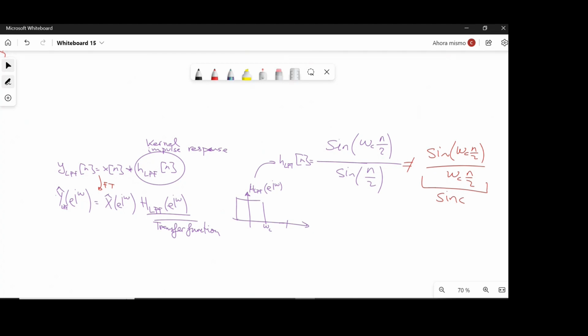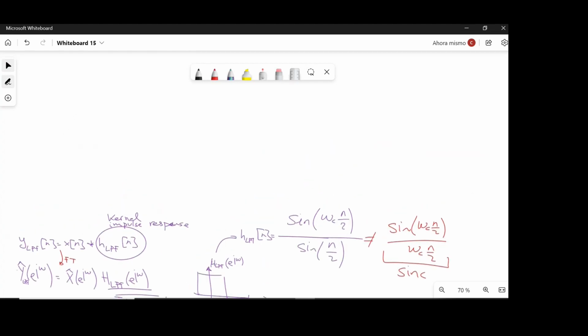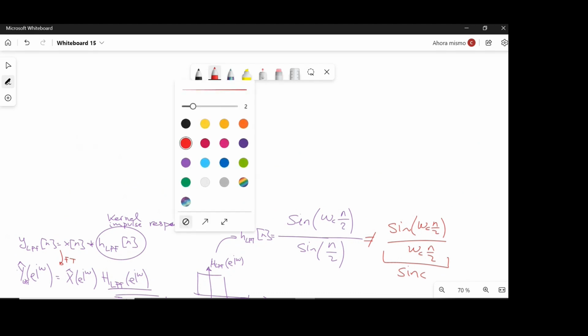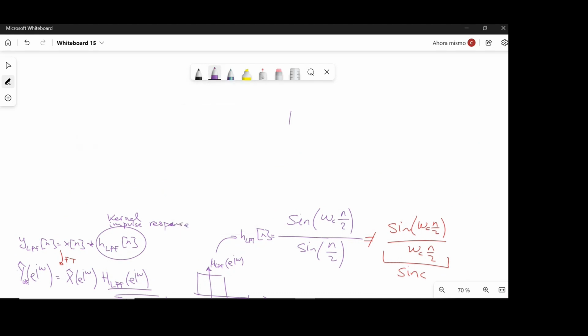In any case, this one looks like a time shift. So it is a response that is time shifted. And then it is periodic.